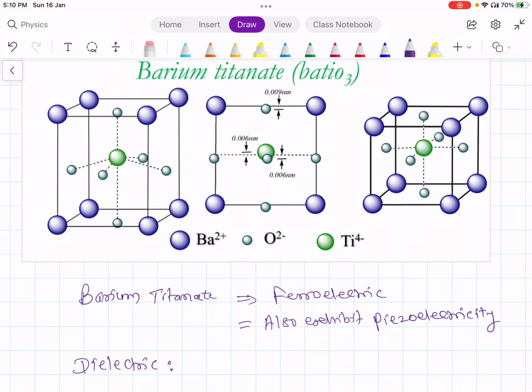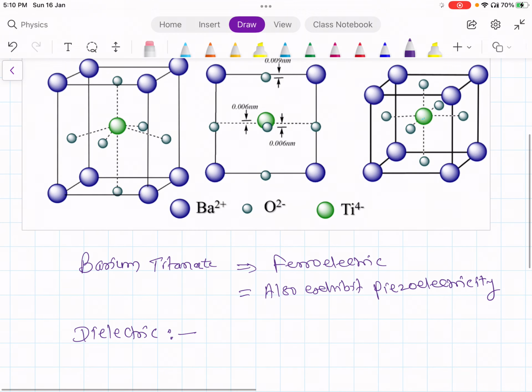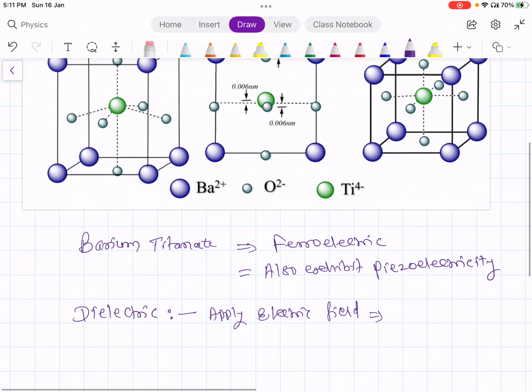If you take the dielectric material and apply the electric field on it, then it polarizes. Okay, when you apply the electric field, polarization of charges takes place.